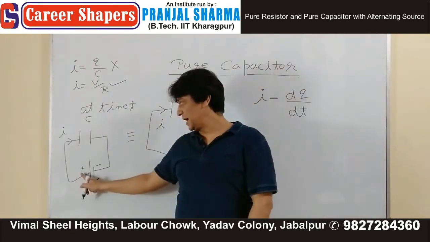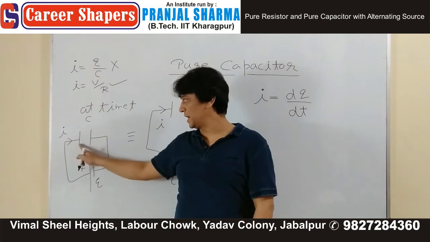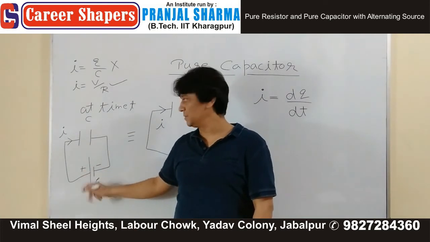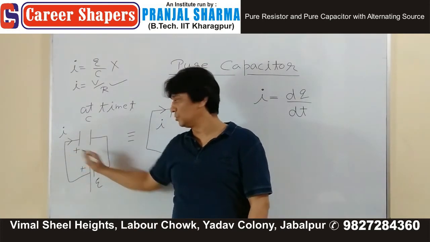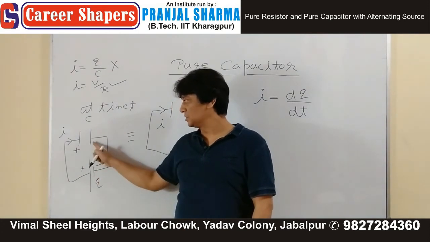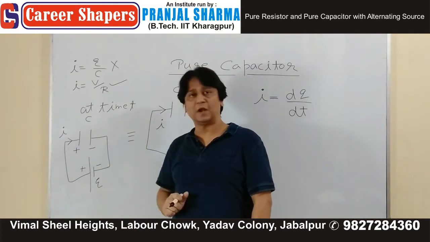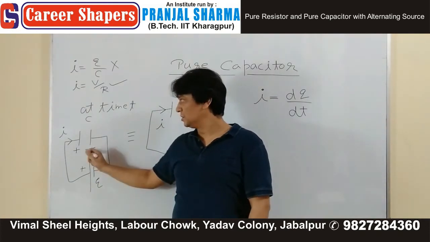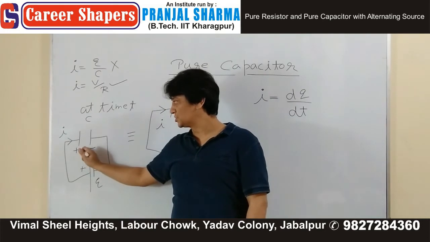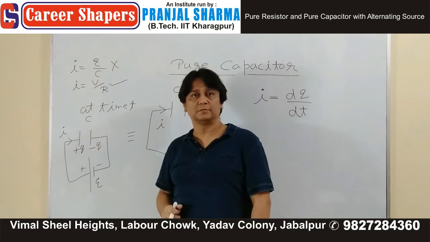So if this terminal is positive and this plate is connected to the positive terminal, then this is also positive. This is the negative terminal and this plate is connected to the negative terminal, then this plate will have a negative charge. So this got plus Q and this plate has got minus Q.